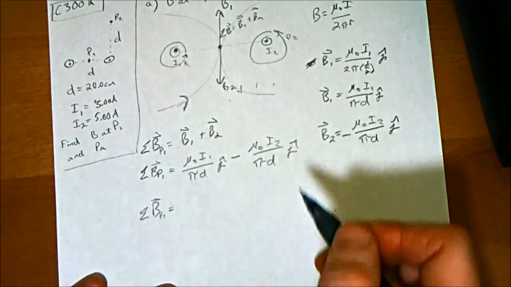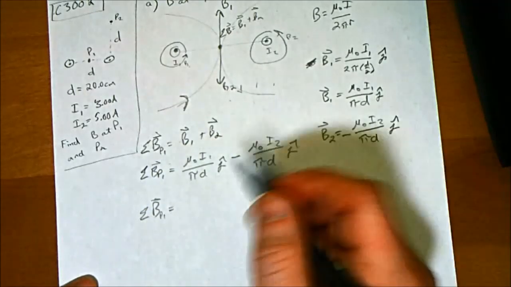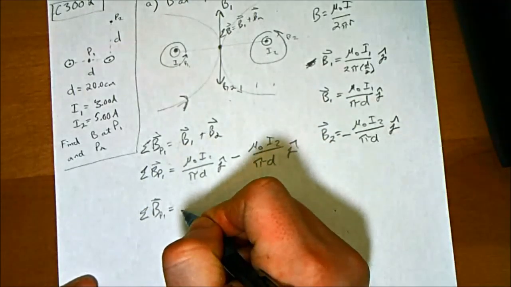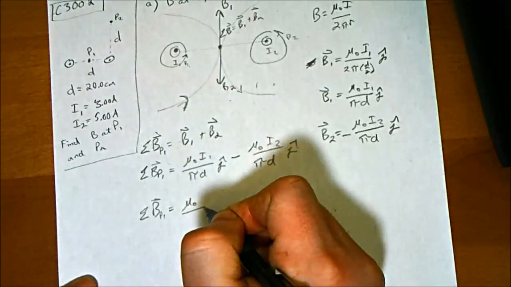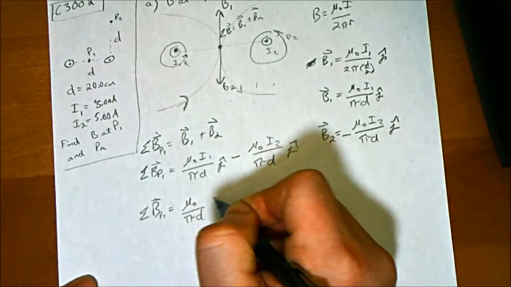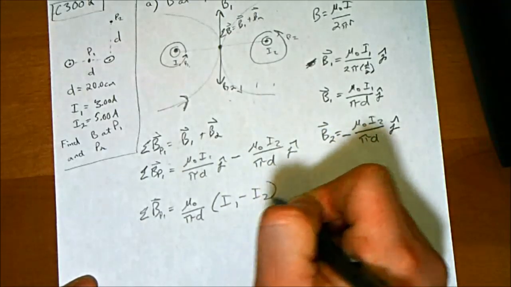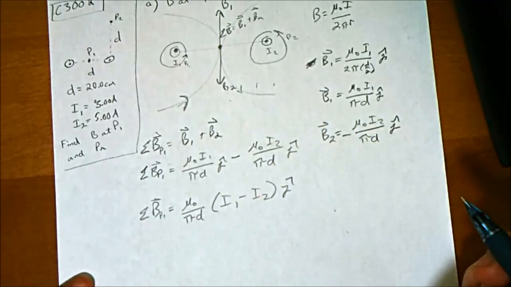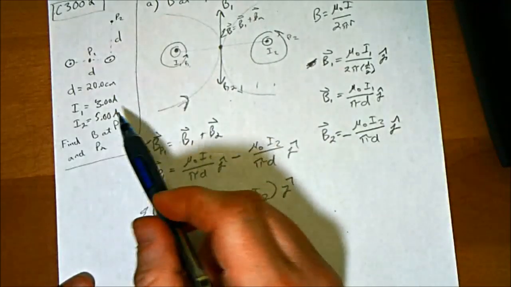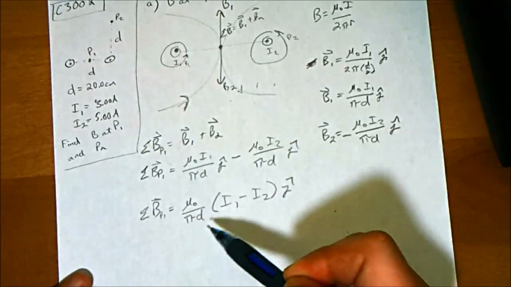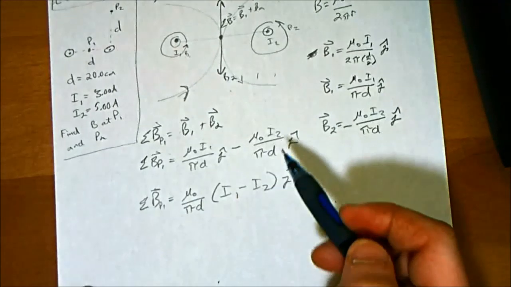Oh, lost a vector bar there. So I can factor out all the common terms and get mu naught over pi d times (I1 minus I2) j hat. Which one has the larger current? That's I2, so this is going to end up being in the negative direction.